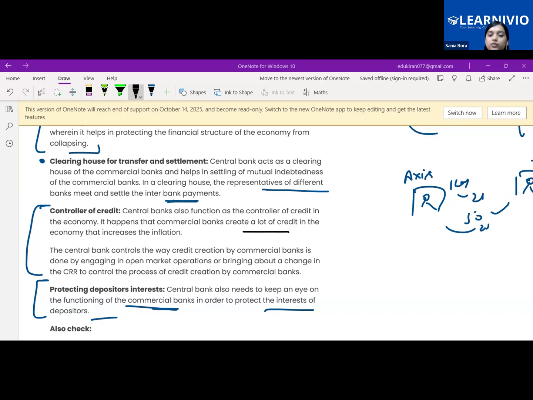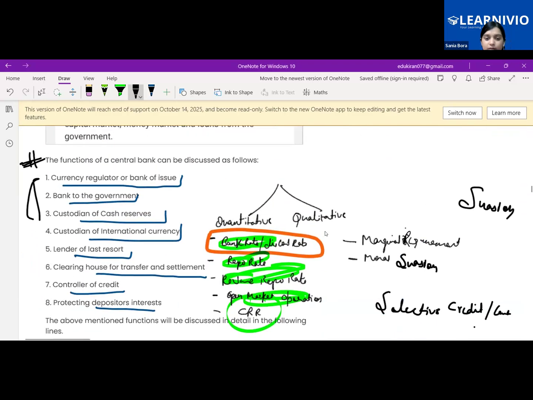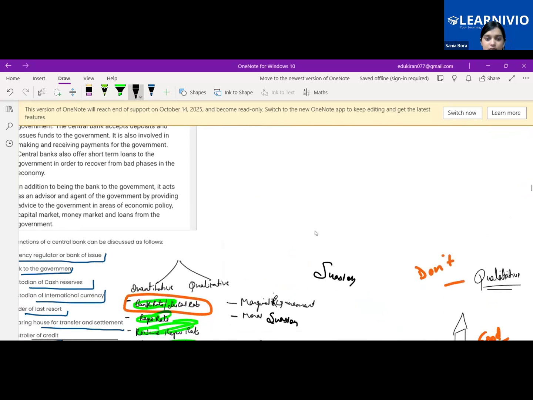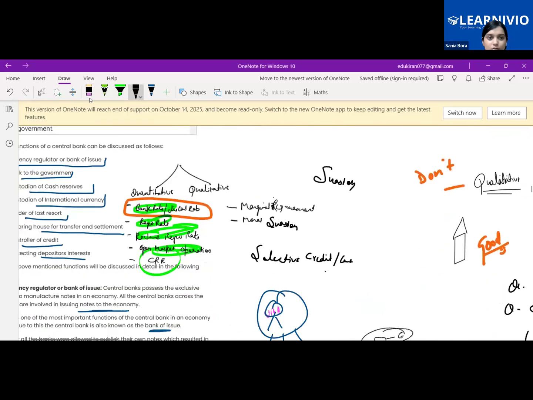Okay. So the very first method is the quantitative instrument. Okay, before that, I'll just show you this. Let me just see if it is written here. These are the methods. So there are two methods through which they control the money supply, like the entire credit is controlled, right? One is the quantitative.